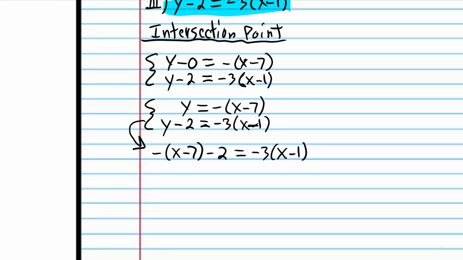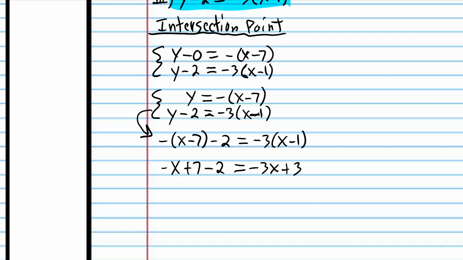So first thing to do is get rid of the parentheses. -1 times x is -x. -1 times -7 is +7. -3 times x is -3x. -3 times -1 is +3. And now we're just going to solve that equation. So we get -2 is equal to 2x, and x is obviously just equal to -1.